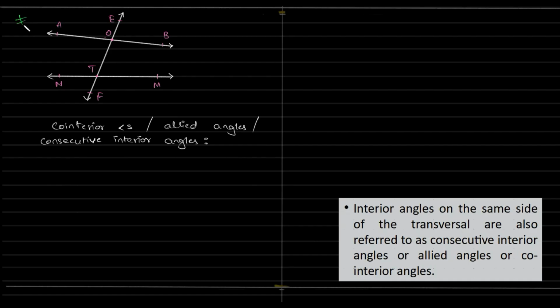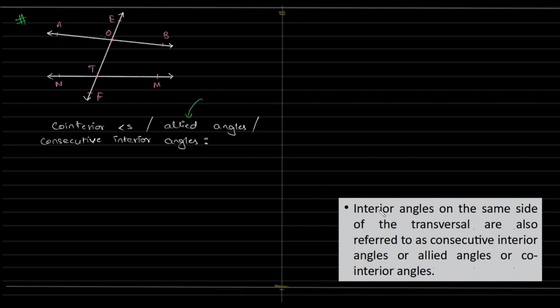I think this is the last set of terminologies. Co-interior angles or allied angles or consecutive interior angles. Have you heard of the word allied force? It comes in history and it comes in current events. No? You can web search about this. So allied means on the same side.